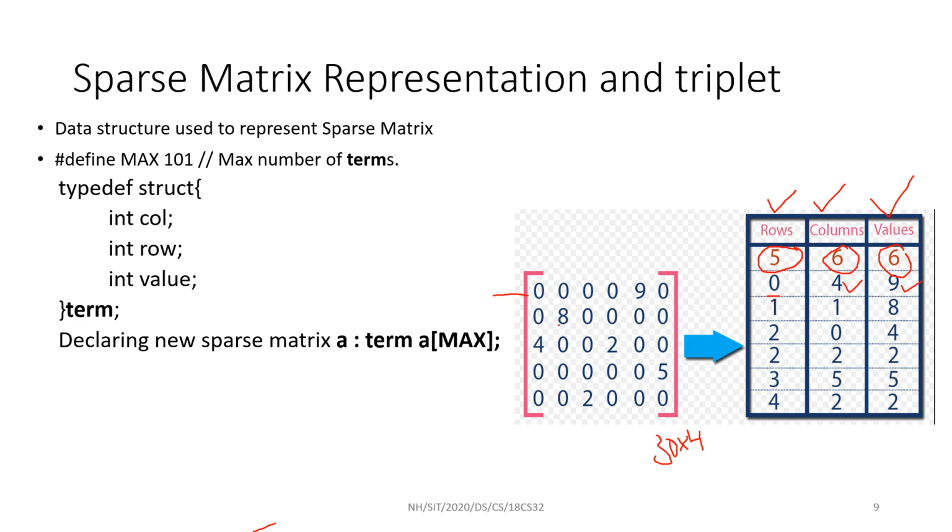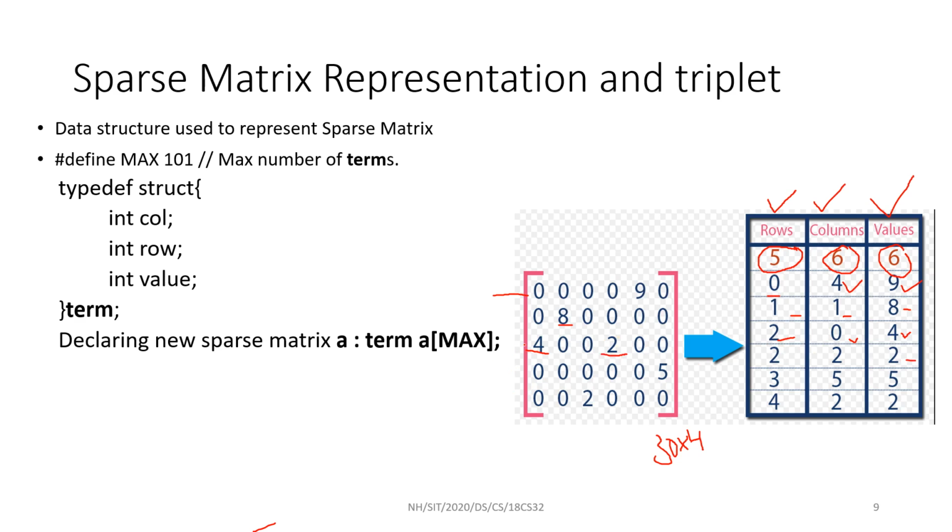The next non-zero value is 8, at row 1, column 1. The next value is in the third row, row index 2, column index 0, and the value is 4. The next non-zero value is 2, in the same row, row 2, column 3.